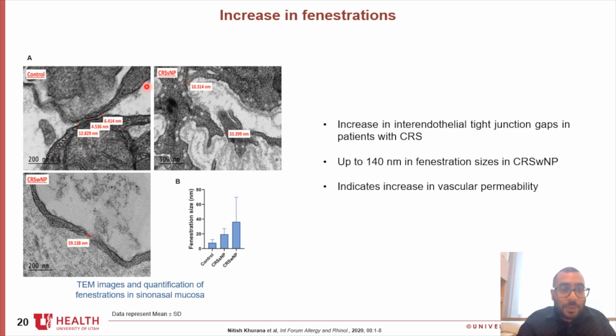Whereas this is a patient with CRS without nasal polyp, and this is a patient with CRS with nasal polyp. You can see that in the case of the patient with CRS with nasal polyp, the fenestration went up to 60 nanometers and it went up to 33 nanometers in the case of CRS without nasal polyp. And as I said, in some cases it goes even higher and can even go up to 500 nanometers in some cases.